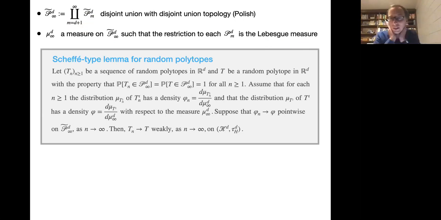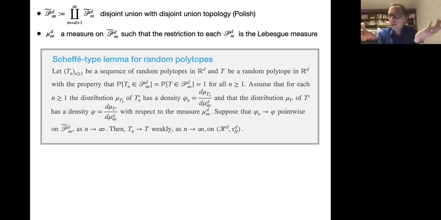And now you can come up with the following idea. If you have random variables, let's say real valued random variables, and you want to prove weak convergence, how can you do that? One of the things is you can prove pointwise convergence of densities. If you have very nice random variables that have a density with respect to Lebesgue measure, it's sufficient to prove convergence of the densities.